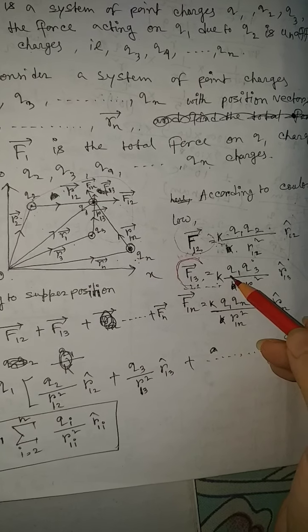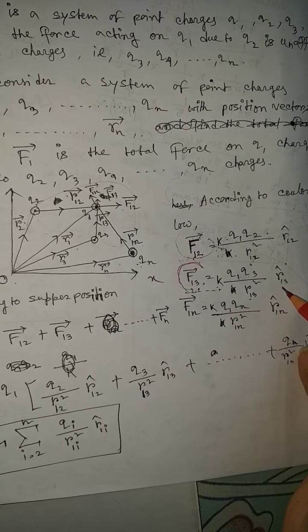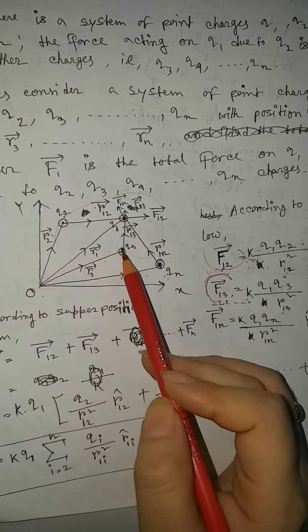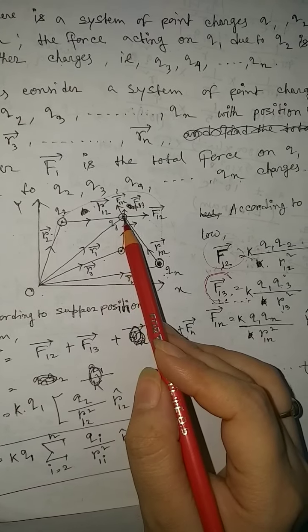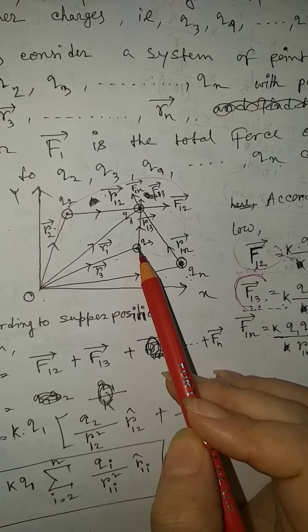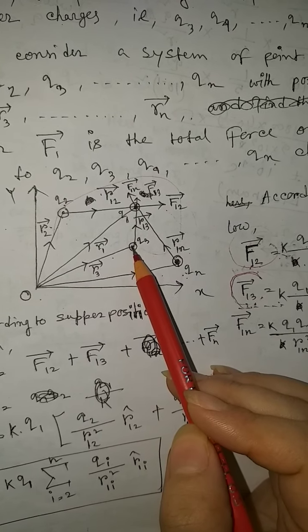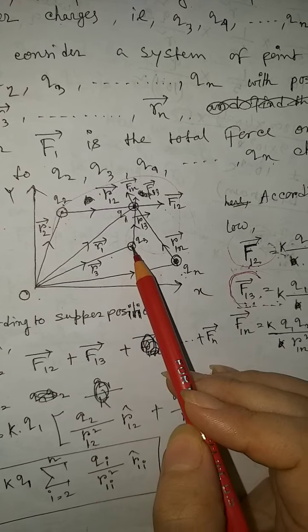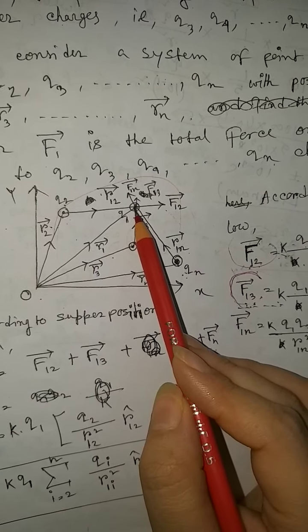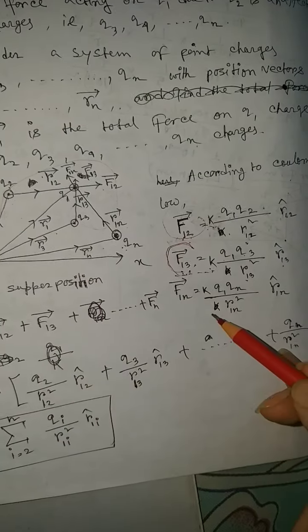So K into Q1 into Q3 by R13 square into R13 cap. You can see here, R13 is the position vector of Q1 charge with respect to Q3 charge, so the direction is along this side, that means Q3 to Q1. Clear?